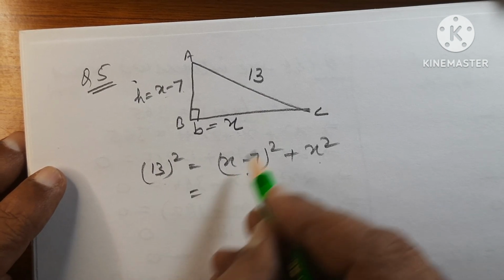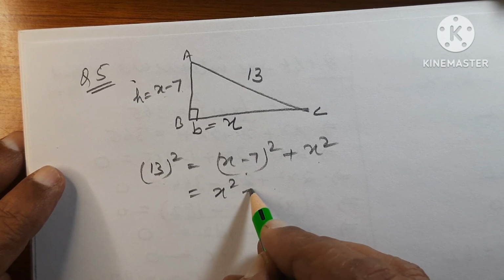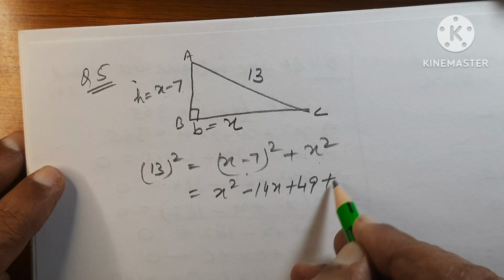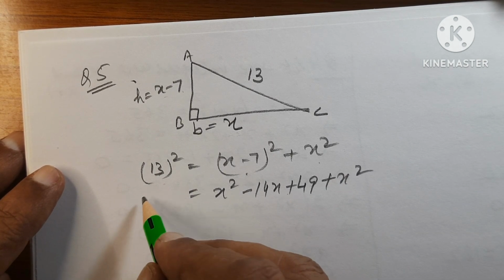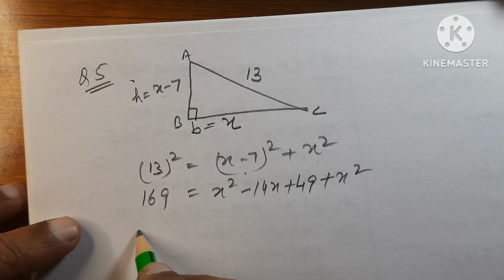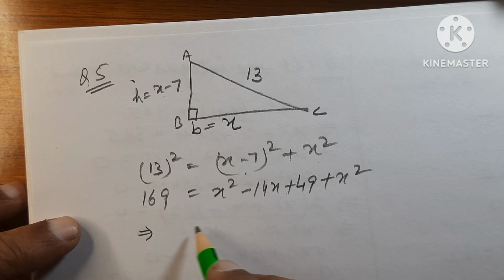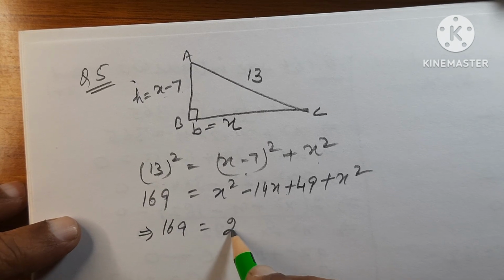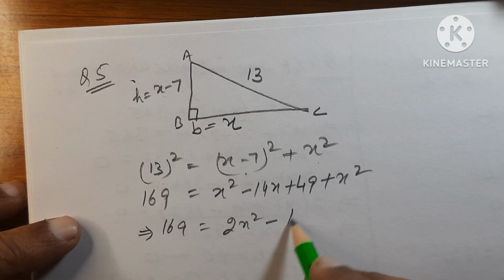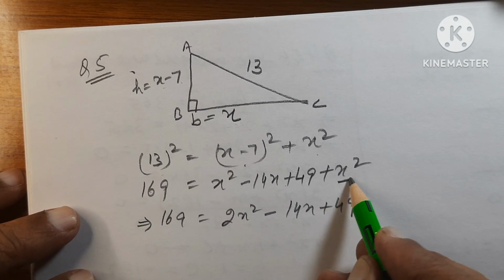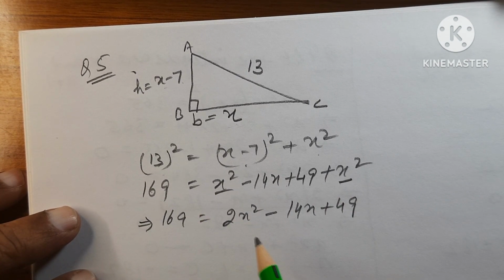Okay, so let us open. This is x square minus 14x plus 49 plus x square, and this side it will be 169. That means 169 is equal to 2x square minus 14x plus 49. x square and x square become 2x square.